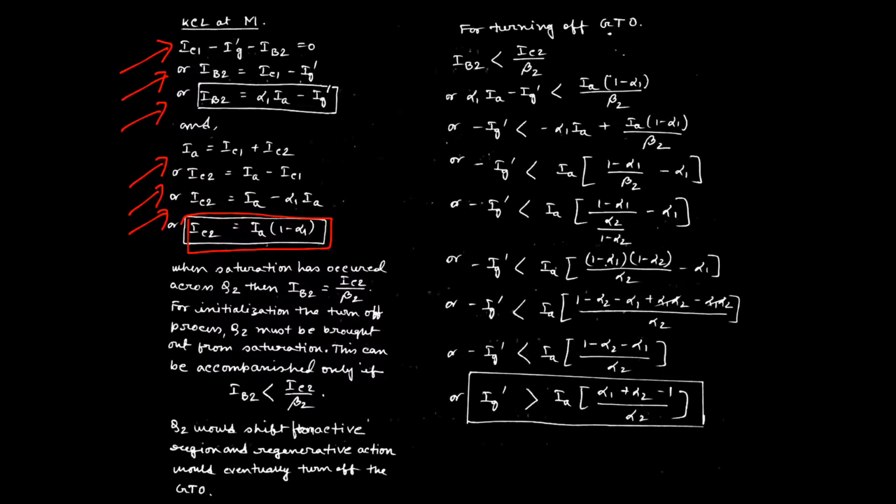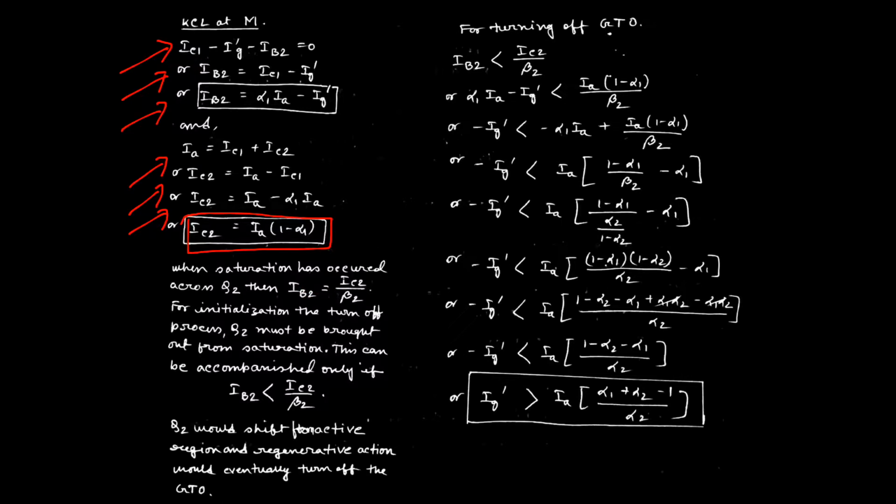In which IB2 means the base current of the transistor Q2. If IC2 is the collector current of the transistor Q2, we can say under saturation condition IB2 should be equal to IC2 by beta 2. That is for the saturation condition.